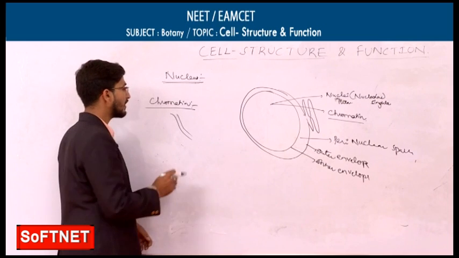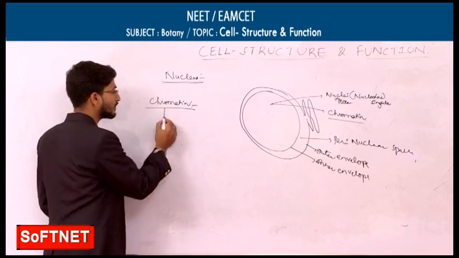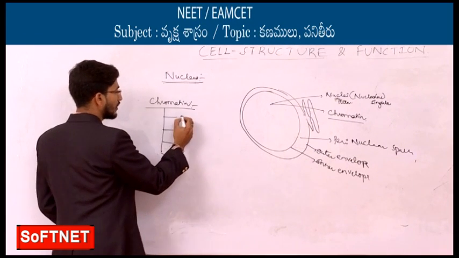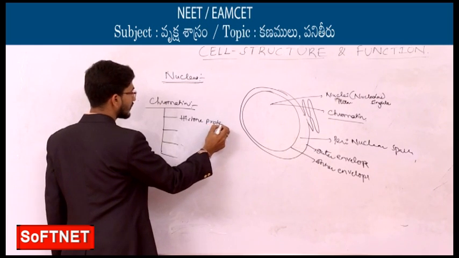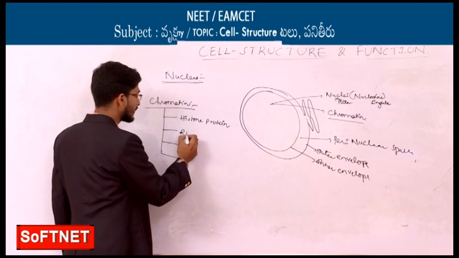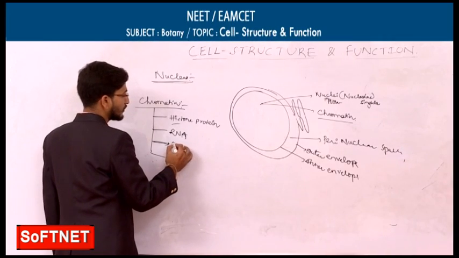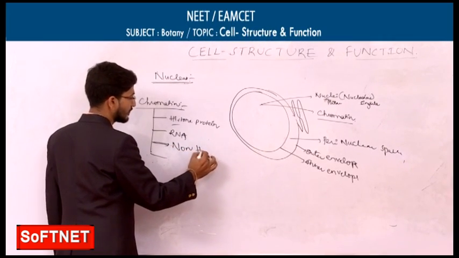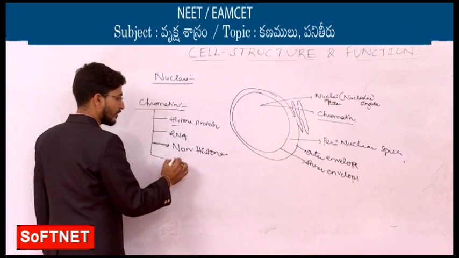If you observe the chromatin structure, you will find four components. What are those? Histone proteins, RNA, non-histone proteins, and DNA.